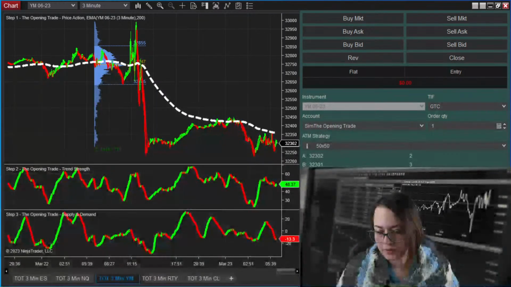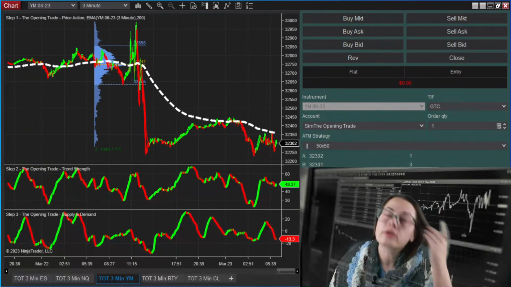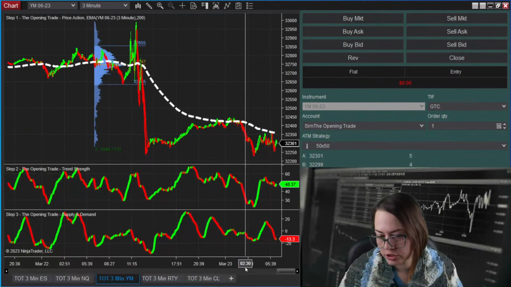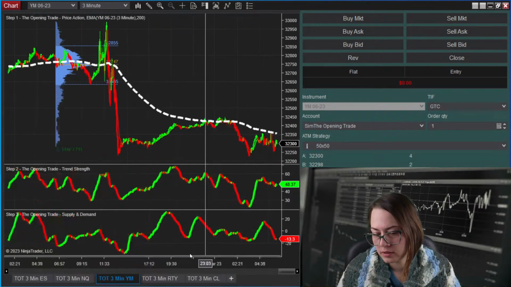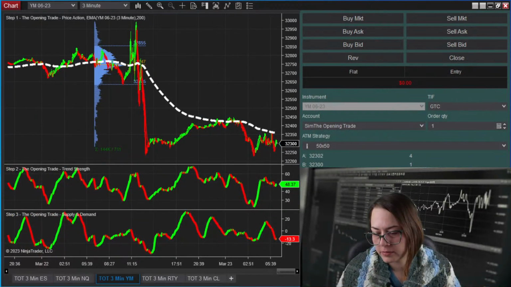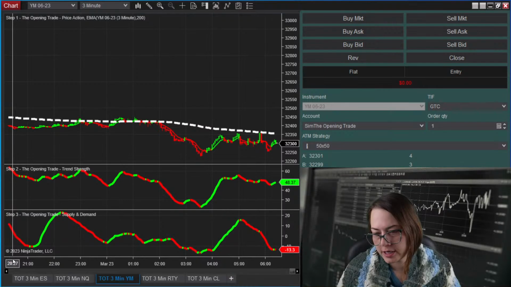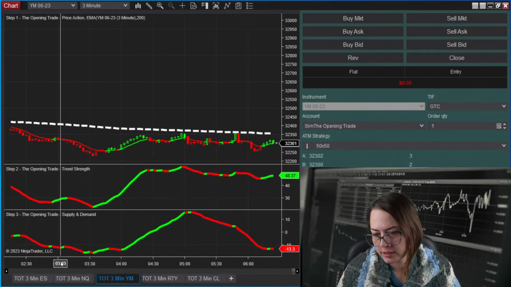All right, so here we're looking at the Dow Jones futures, and we see that it followed the Russell yesterday with a little free fall right there.